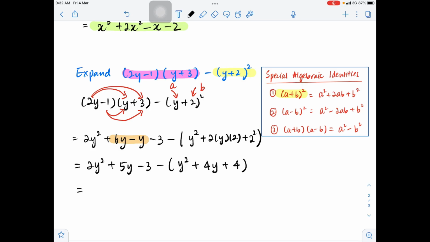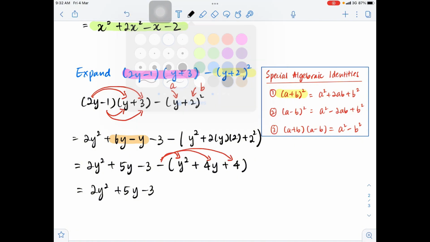So now let's remove the bracket. To remove the bracket, we simply distribute the negative sign to every single term in the bracket. So that will give us negative y squared minus 4y minus 4.